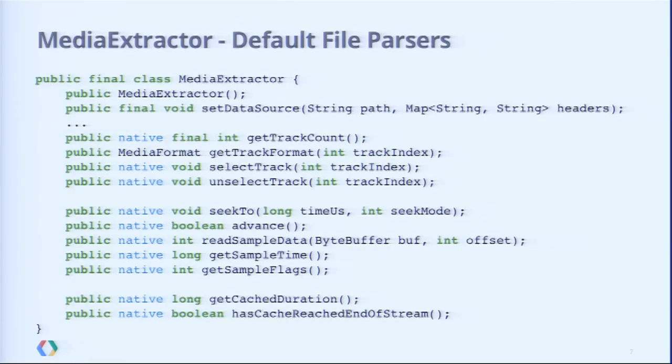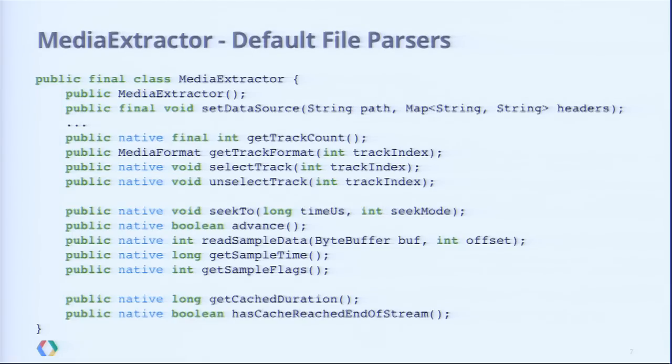We provide a default constructor for you to create an instance of MediaExtractor. Then you can use the set of setDataSource methods, which I assume you are pretty familiar with, similar to what MediaPlayer has, to configure your data source.